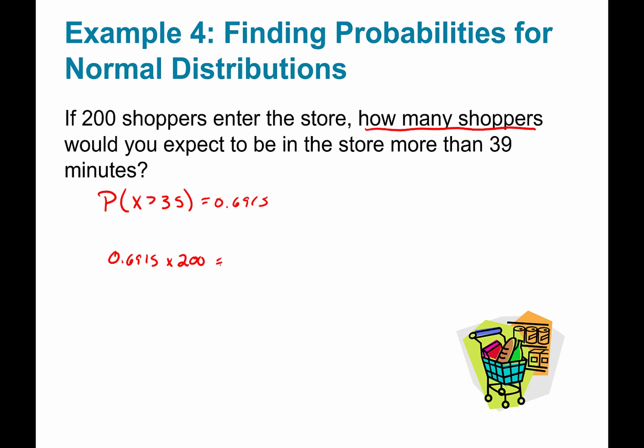And so we get 138.3. So about 138 shoppers, rounding to the nearest person because we don't want parts of a person floating around in the middle of the air.